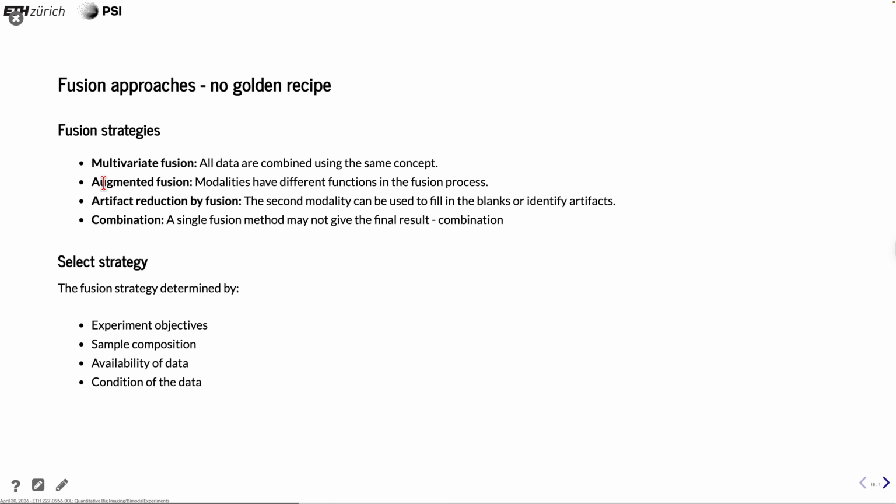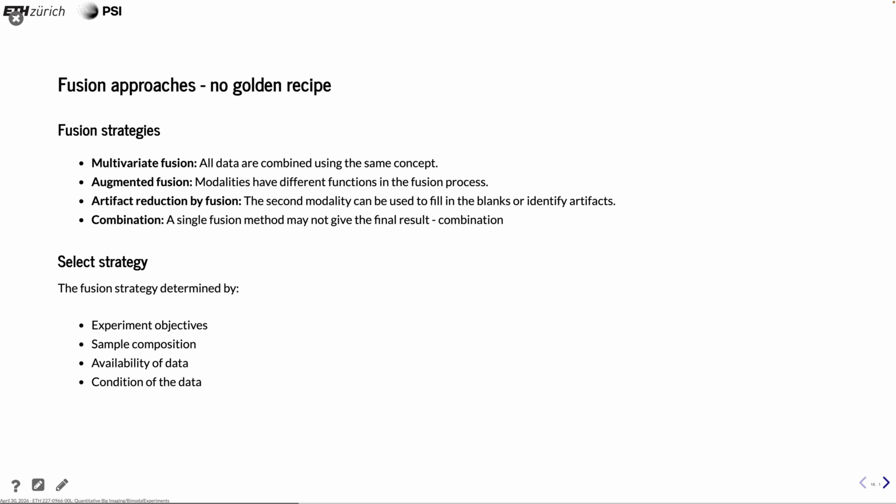Then we can talk about augmented fusion, where one modality contains the main information, but the second modality can help to identify the regions that we want to investigate. With that, it would augment the output of the main modality.